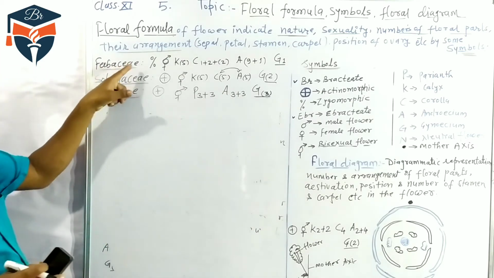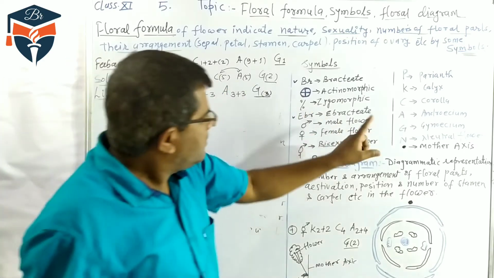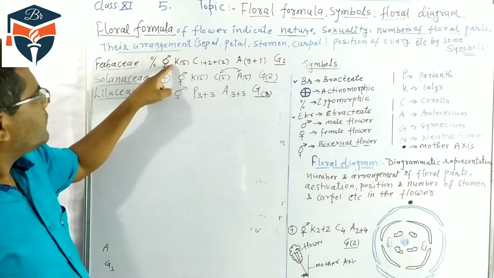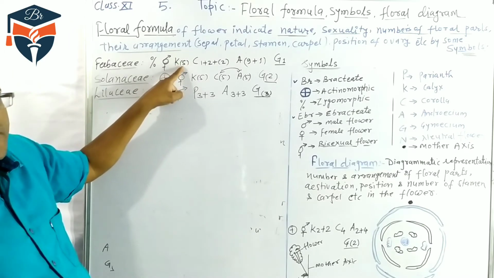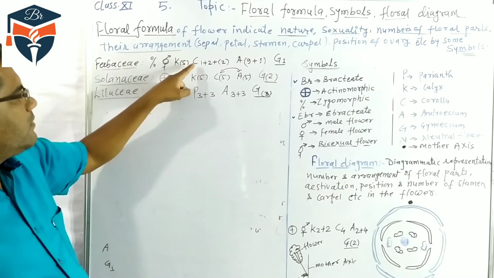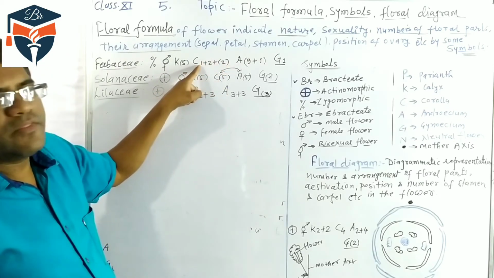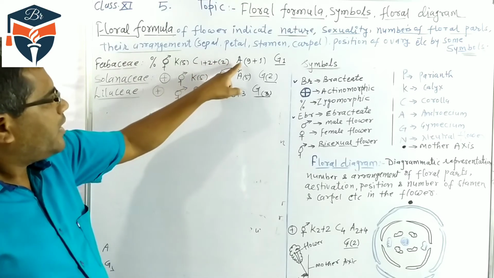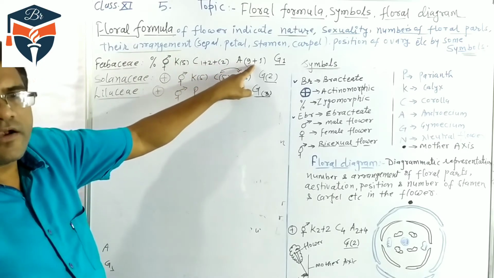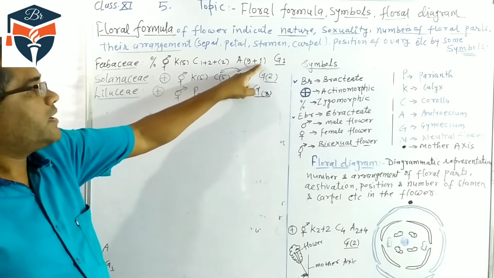Fabaceae family, flower zygomorphic. This symbol is of zygomorphic. Calyx, sepals 5, they are fused because they are inside the bracket. Corolla, there are 5 petals in total. They are arranged in 3 whorls, 1 plus 2 plus 2. Androecium, stamens are 10 and 9 plus 1, in one bundle 9 and another bundle 1.